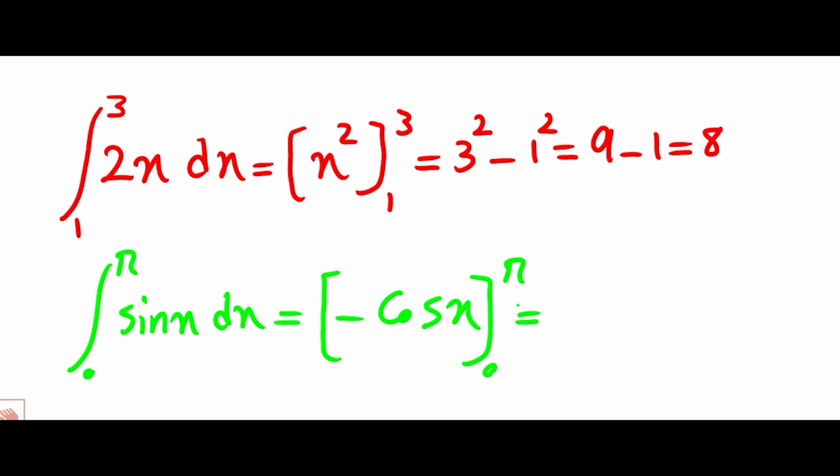So we have, if x is pi, negative cosine of pi is positive 1, minus, if x is 0, negative cosine of 0 is negative 1. So the answer is 2. So the integral of sine of x dx from 0 to pi is 2.